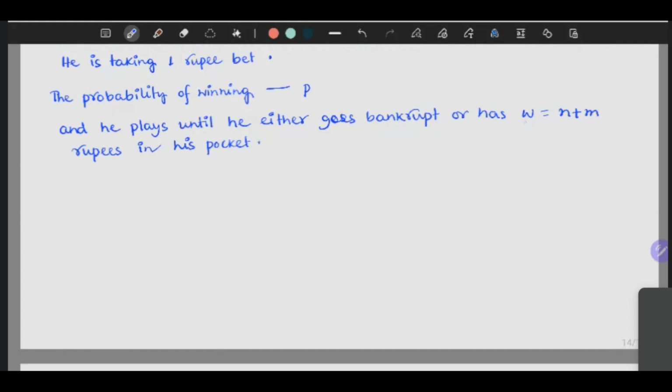So W is the total amount of money he ends up with. Okay, and M is the total amount of wealth you want to increase, right?